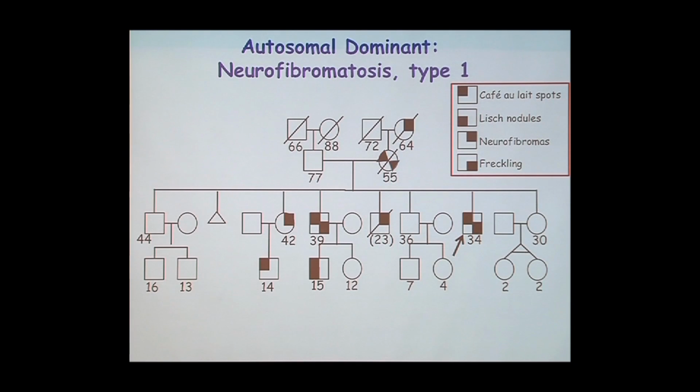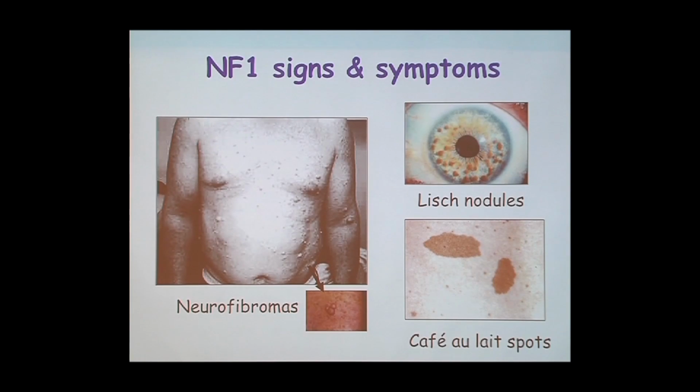And cafe au lait spots are large, darker pigmented regions on the skin. And this child over here has the Lisch nodules, which are little benign tumors in the eye, as well as the cafe au lait spots. So you can see that even though all these individuals have the same disease, they have a little bit different versions of the disease. So this is just to show you what some of these signs and symptoms are.